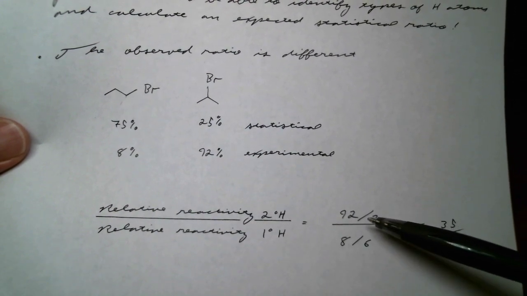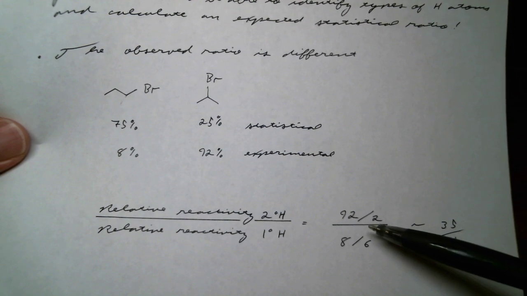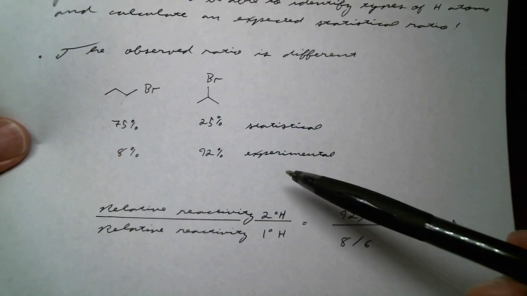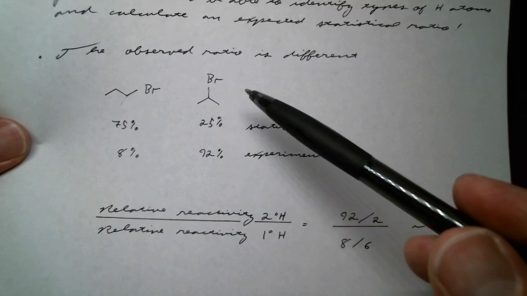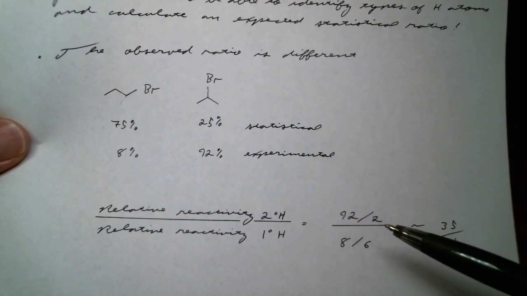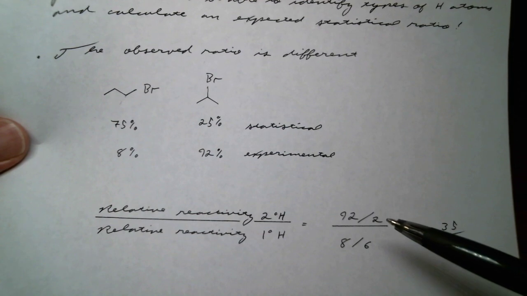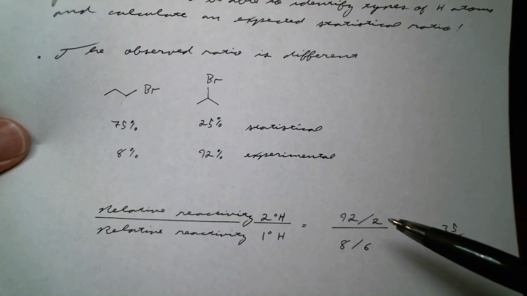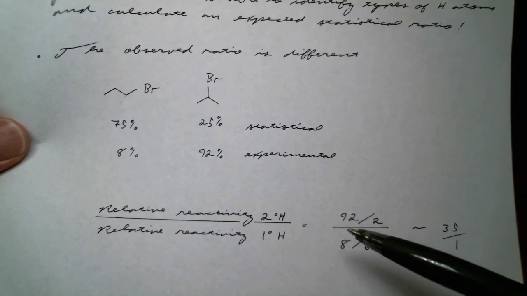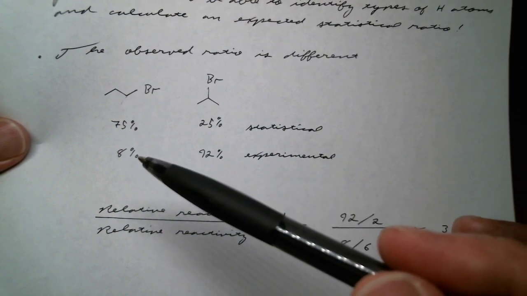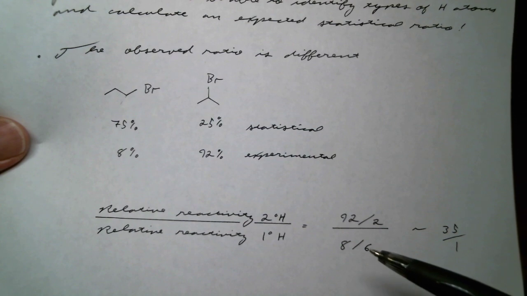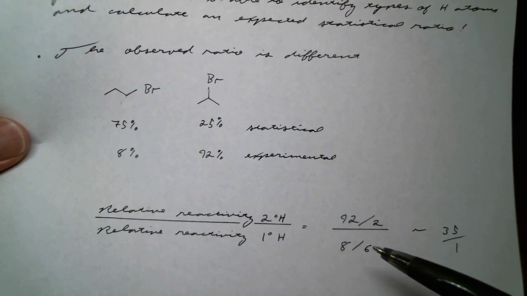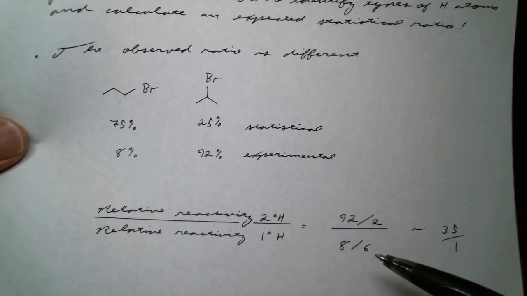In this case, it will be the experimentally observed percentage of 2-bromopropane divided by the number of secondary hydrogens that could have led to that product. So there are 2, compared to the percentage of experimentally observed 1-bromopropane divided by the number of hydrogens that could have led to that product, which are 6 primary hydrogens.